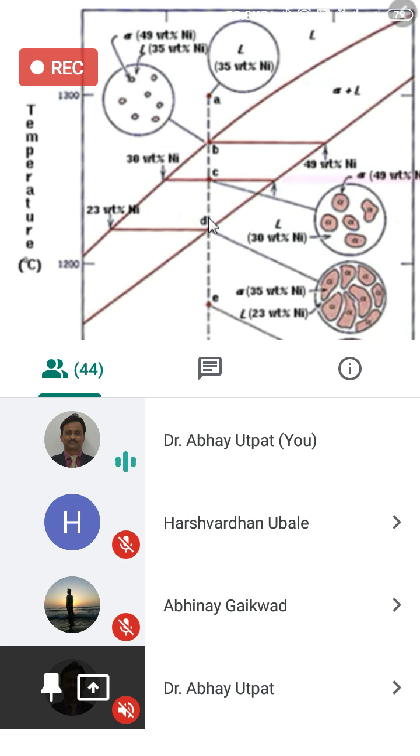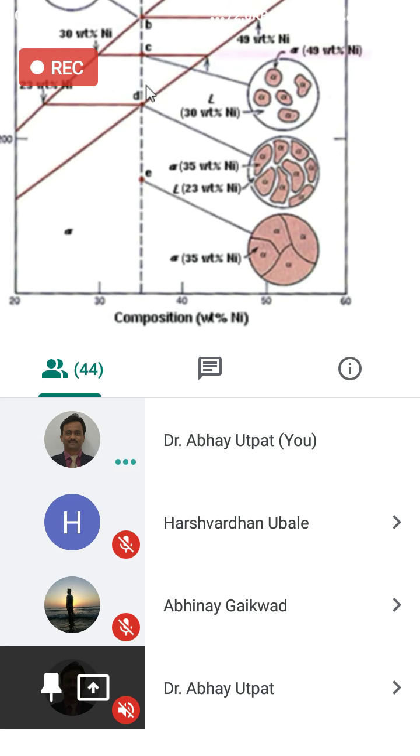So you are observing point C. Arrow is shown and amount of solid has increased at point C as compared to point B. If you see the microstructure at point D, further amount of solid has increased as compared to point C. And you go to point E. Here is point E. 100% solid.